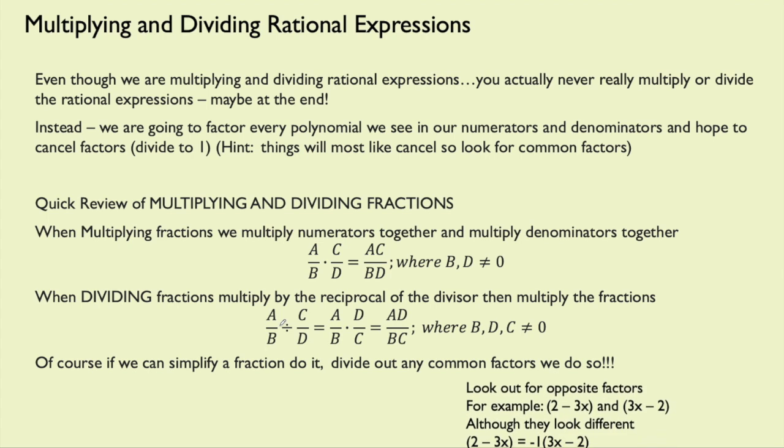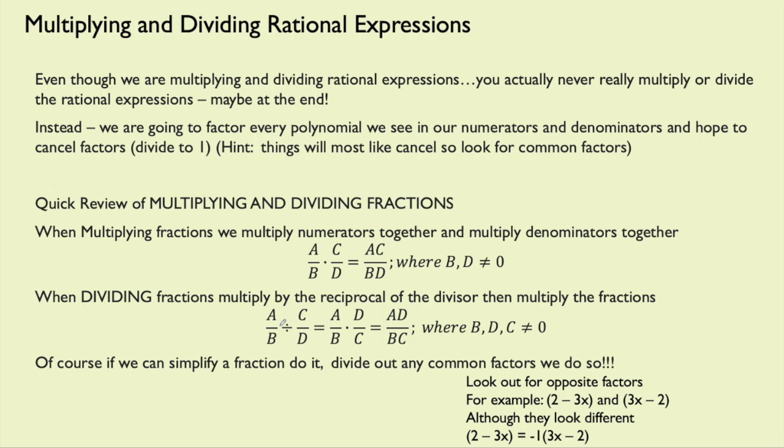The other thing, be aware of opposite factors. If you look at the factors 2 minus 3x and 3x minus 2, they look like they're not the same, but they actually are. They're just off by a negative sign. If I factor out a negative 1 from this 2 minus 3x, I get negative 1 times 3x minus 2. So it's almost the same except for that negative sign.